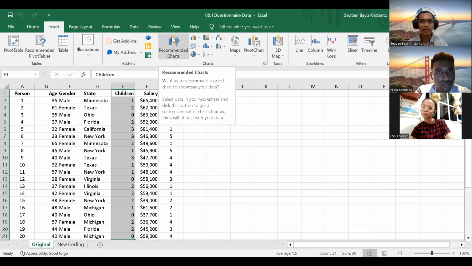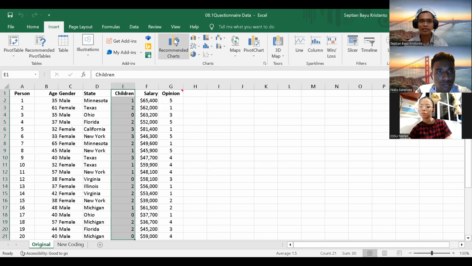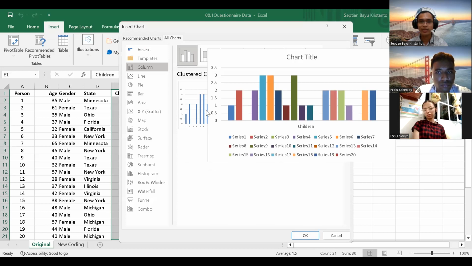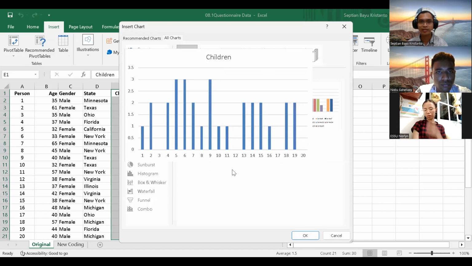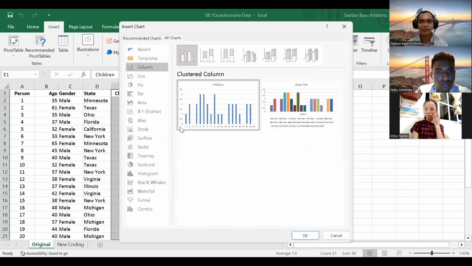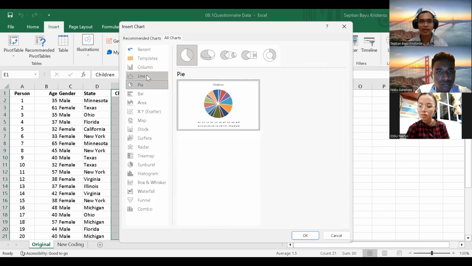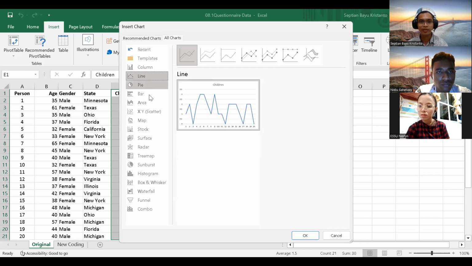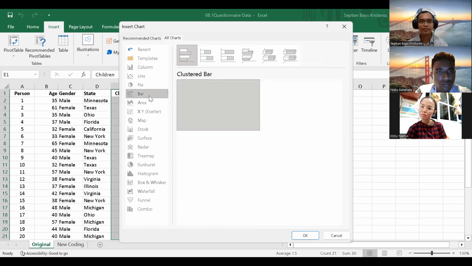In the Excel application, you have lots of recommendations. They have recommended charts. You can use this one, or maybe this one. This is a bar chart, or maybe a pie chart, or a line chart. But the line chart is not available here, so you need to use bar charts.